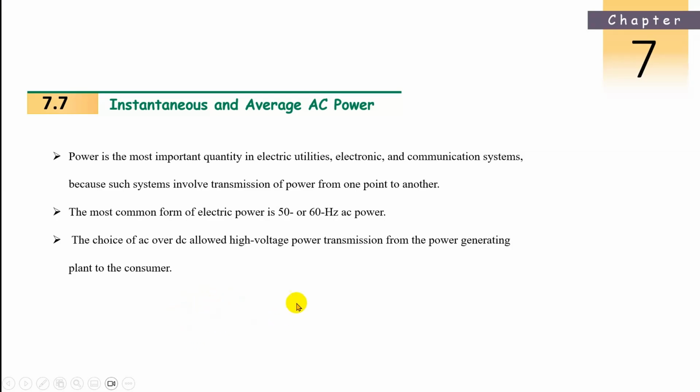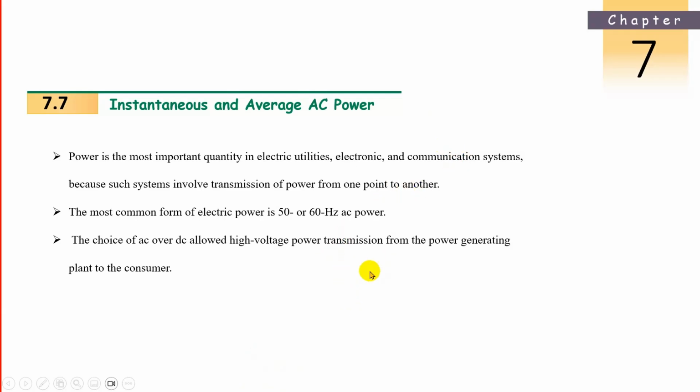What is the difference between 50 and 60 hertz? It's only the design concept. In 50 hertz we have 220 volts on a single wire, and in 60 hertz we have 110 volts on a single wire. If you have two wires, it is 220 volts. Both are the same, 220 only. But with a single wire we have 110 volts in 60 hertz.